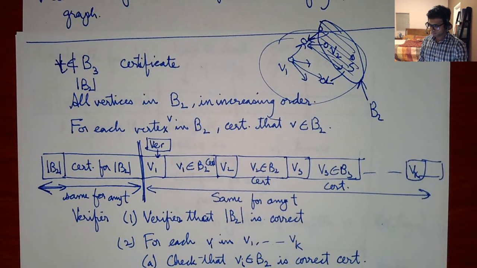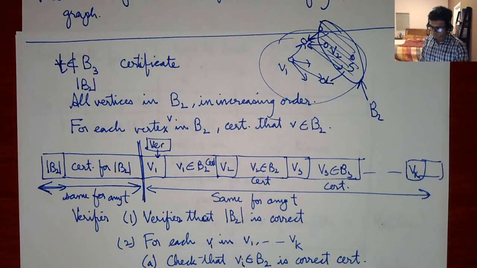I think he was suggesting that you could store all of the vertices, instead of as an adjacency matrix, as some kind of bitmap. But obviously that would still be O of n size, so that would still not work. Yeah, the verifier cannot afford to store any of it.